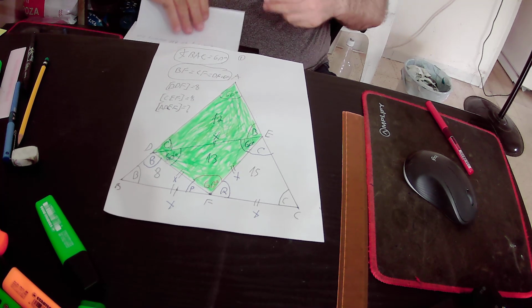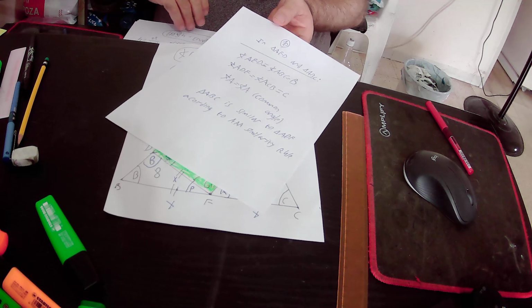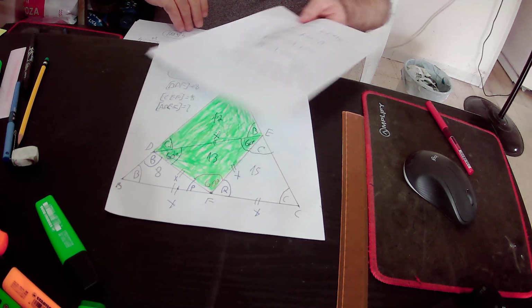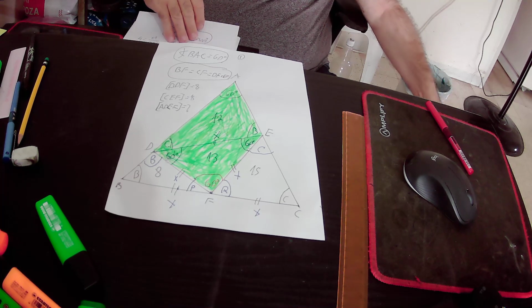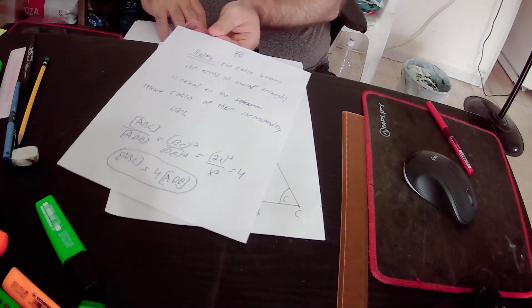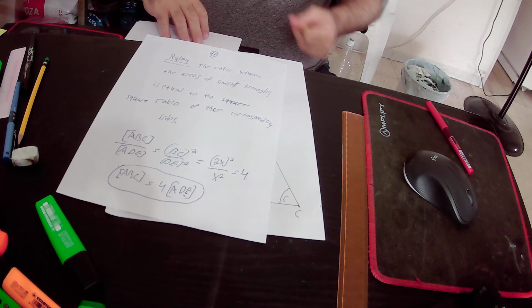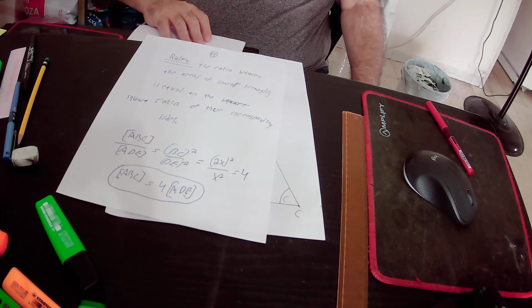So triangle ABC is similar to triangle AED according to angle similarity. And we have rule number 4 that states that the ratio between the areas of similar triangles is equal to the square ratio of their corresponding sides.